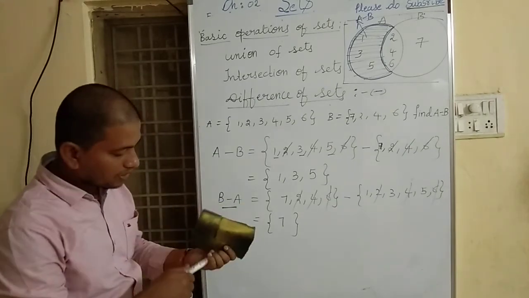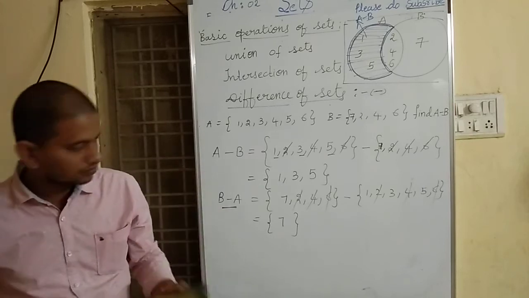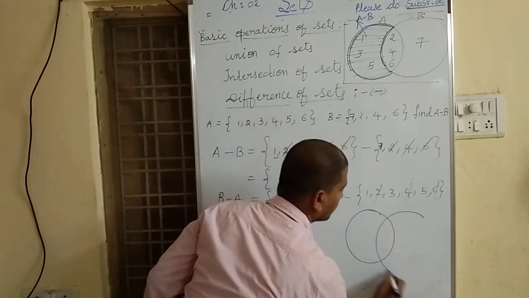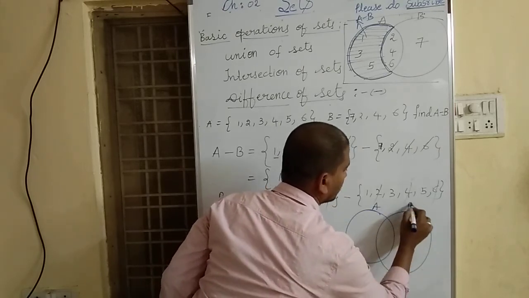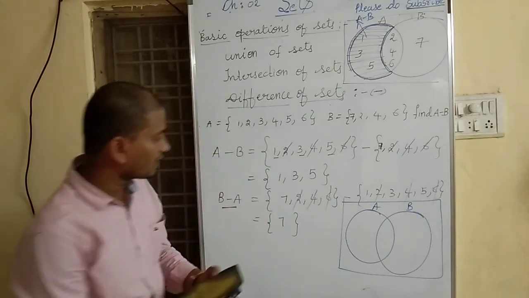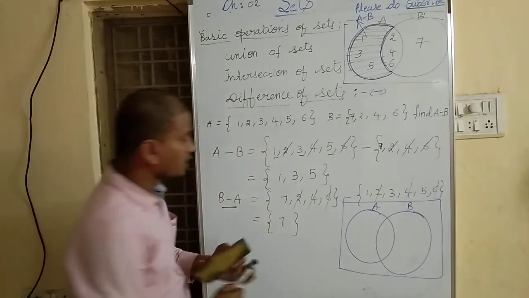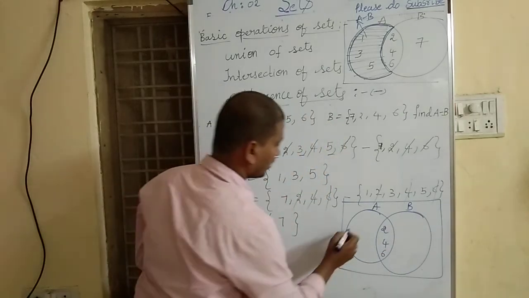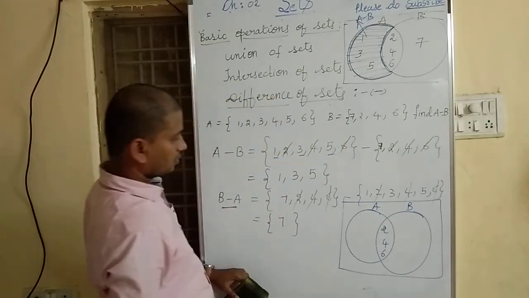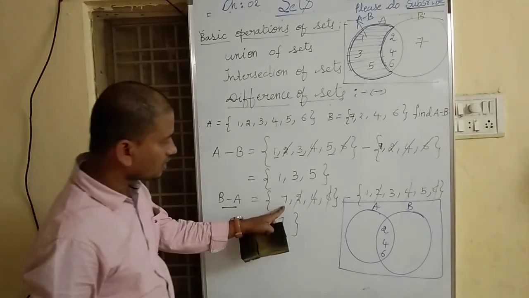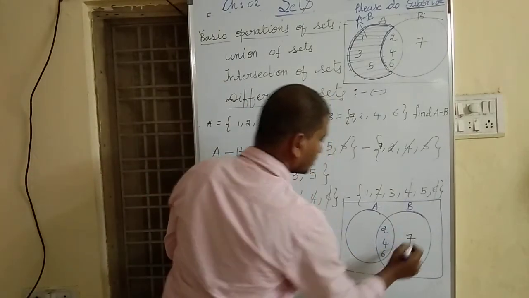In this diagram, let me represent B minus A. A, B. What are the common elements? Common elements are 2, 4, 6. Here we have A. We are doing B minus A, right? What are the elements in B? 7.